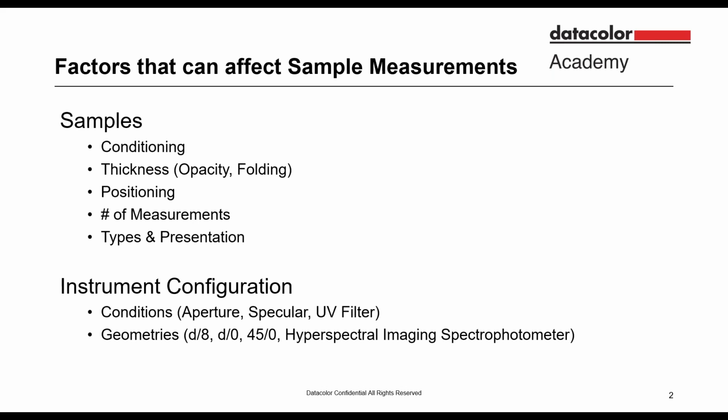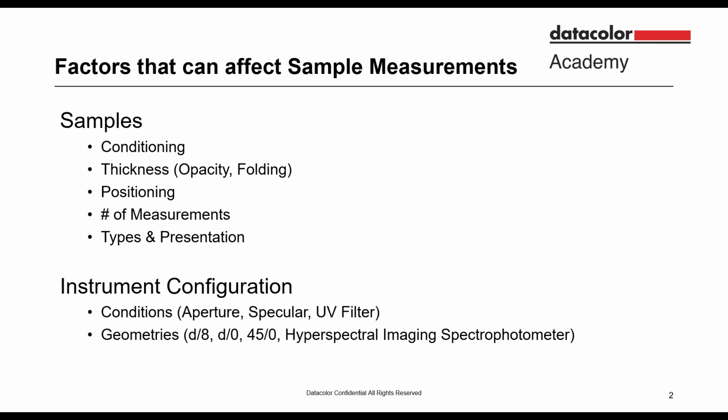And we'll discuss how many foldings, how many layers would be recommended for a good technique. We're also going to cover positioning of the samples and number of measurements. How many measurements should we take of each sample? And finally, we're going to go over the different types of samples and what are the recommended presentations for them.